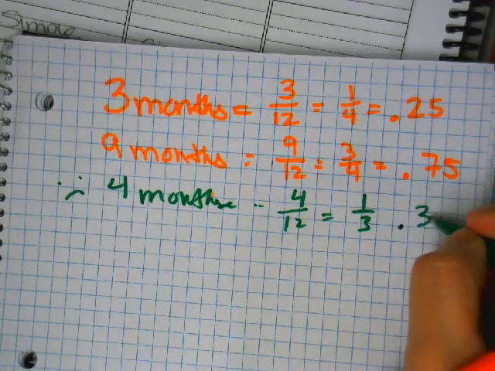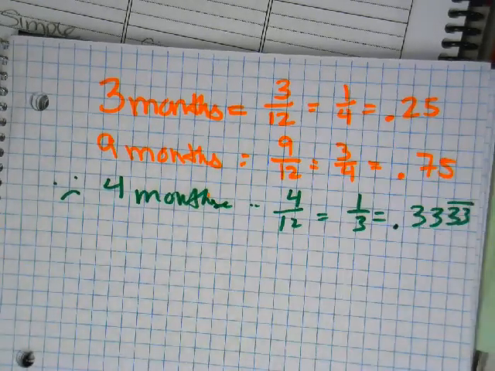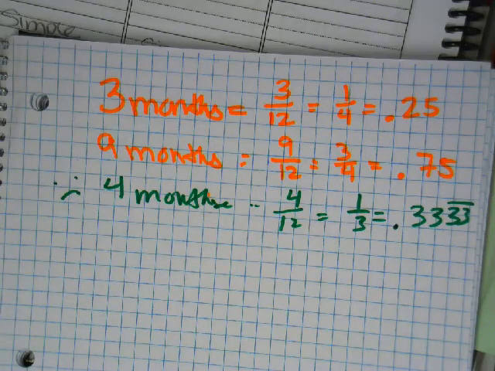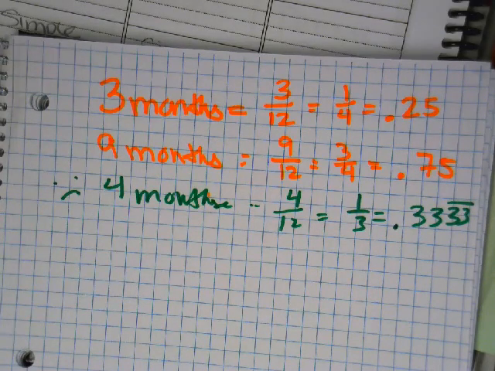At this level, we shouldn't be guessing. You should know it. Why would giving you 4 months not be the greatest? Because it's a repeating decimal. Very good use of vocabulary.